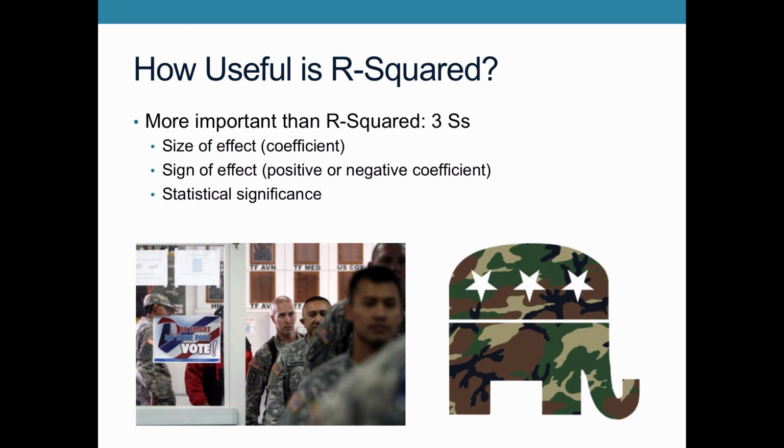So we'll go more into statistical significance and how that applies to regression in future lectures. But just keep this in mind. These are the most important things that you should be thinking about and looking at when you look at a regression table. The size of the effect, the sign, and the level of significance.